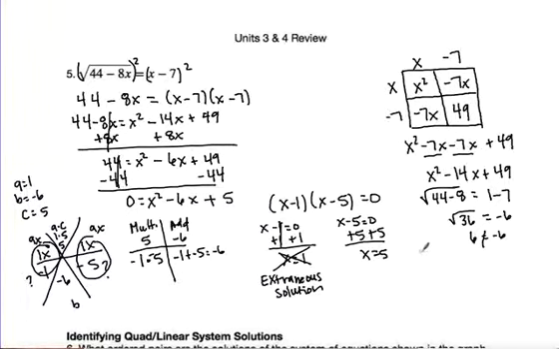All right, we're going to do the same thing for 5. So we're going to say the square root of 44 minus 8 times 5, which would be 40. So 44 minus 40, and then we're going to plug in that 5 for your x on the right side, so 5 minus 7. Well, the square root of 44 minus 40 would be the square root of 4. And 5 minus 7 would give you negative 2.